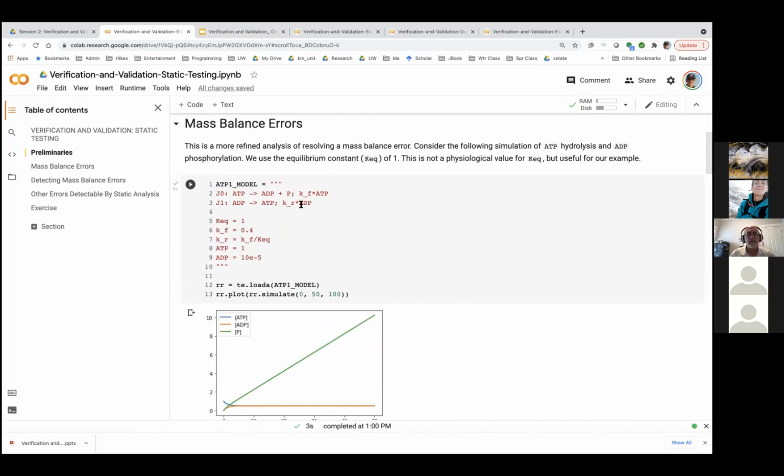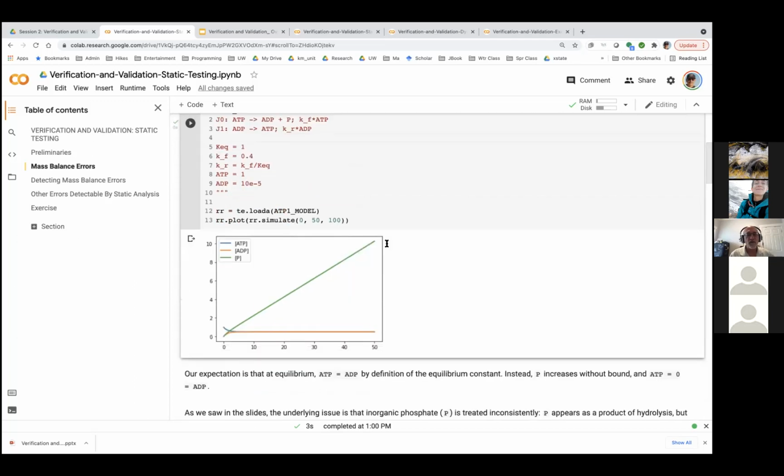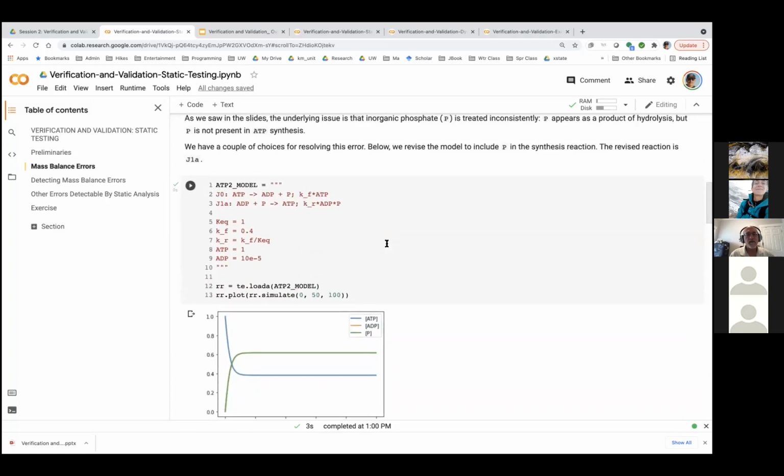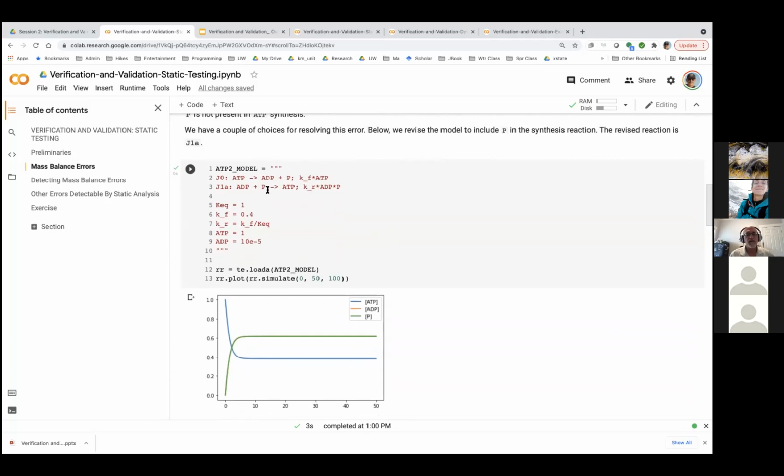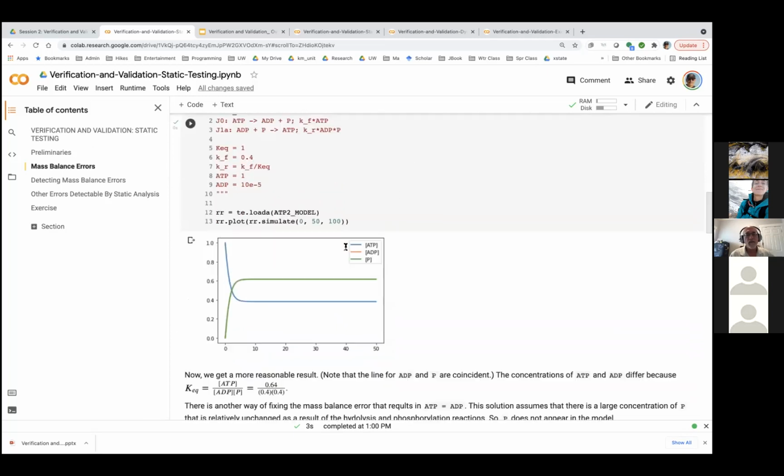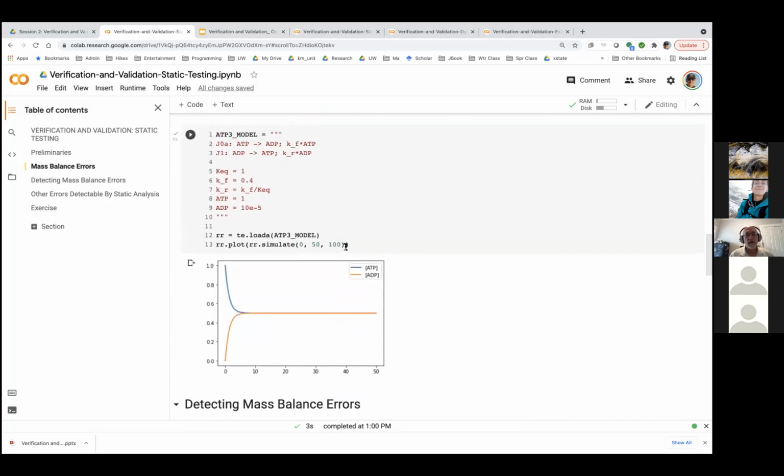This is the same error we saw before where J0 includes the inorganic phosphate and J1 does not. And so clearly that's an error because it's inconsistently utilized. But you have two choices here. You could explicitly include the inorganic phosphate, or you could choose not to include the inorganic phosphate.